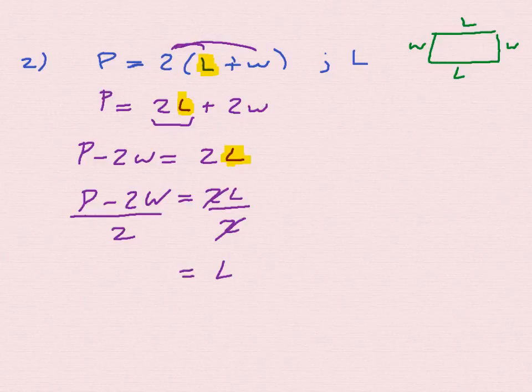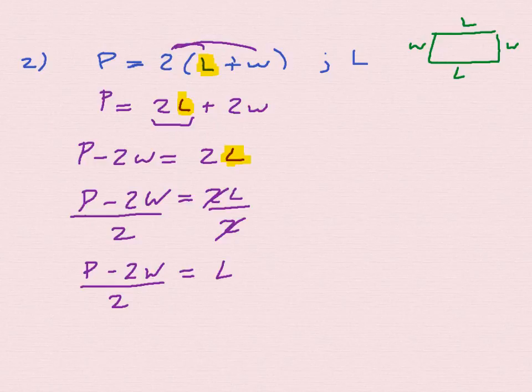Now use caution because on the left-hand side, you cannot cancel the 2 with the 2W for the strict reason that there's no 2 with the P. So you cannot cancel these 2's because there's no 2 here to cancel with it.